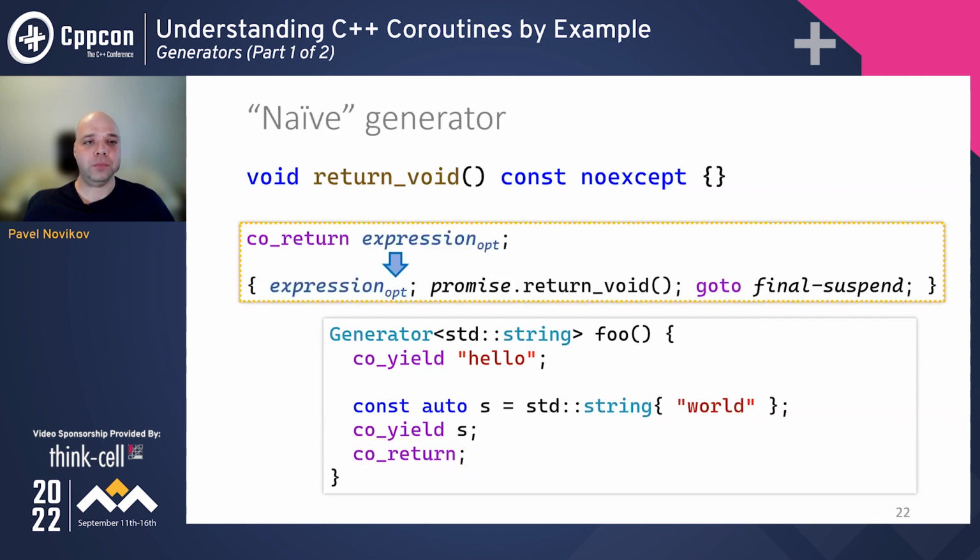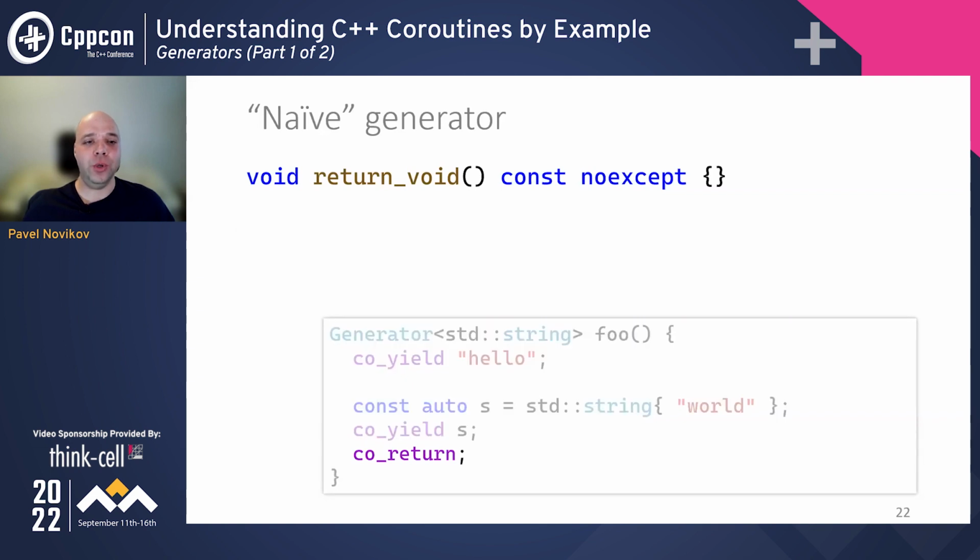And let's remember that the co_return statement is transformed into this construction, where we call return void in our case on the promise object, and then we go to final suspend. You can use co_return at the end, but you don't have to. In case you don't use a co_return statement at the end, it will still be called implicitly as if co_return is implicitly present.